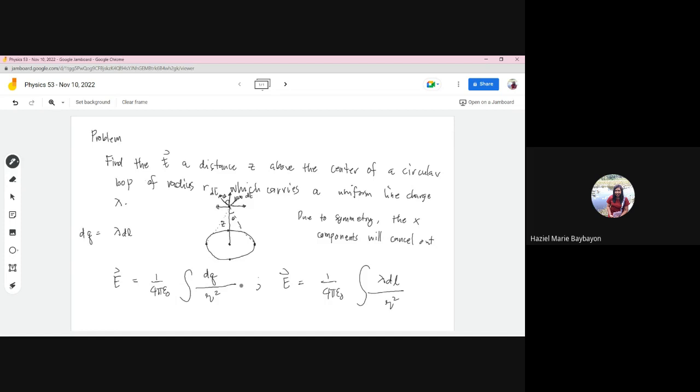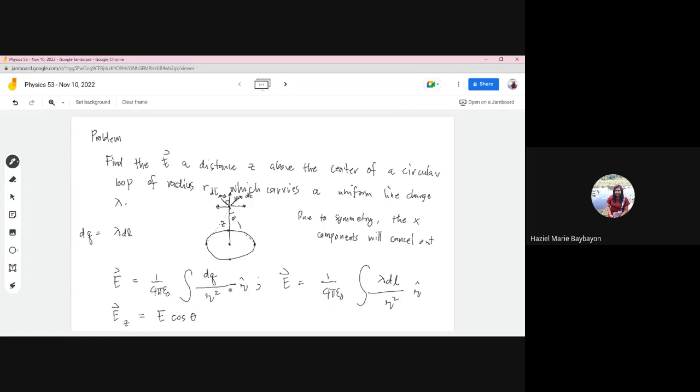Shall we place here r hat? But we know that this is along the z-axis. Okay. So your Ez, the electric field along the z-axis, is just equal to the electric field multiplied by cosine theta. Okay?